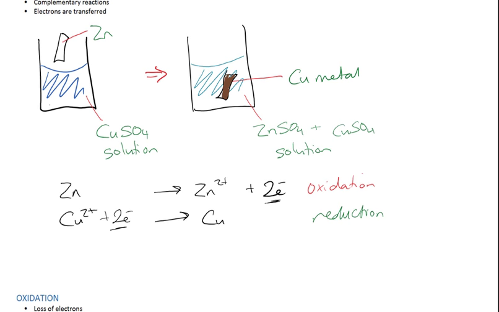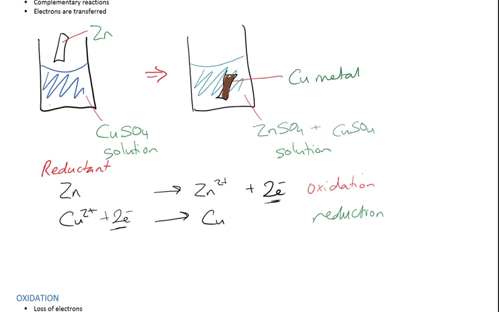Now, one more thing just very important that you need to note is that the loss of electrons from the zinc to the copper causes the reduction to occur. So we call the zinc a reducing agent or a reductant. At the same time, this could only happen if the copper 2+ could accept those electrons.